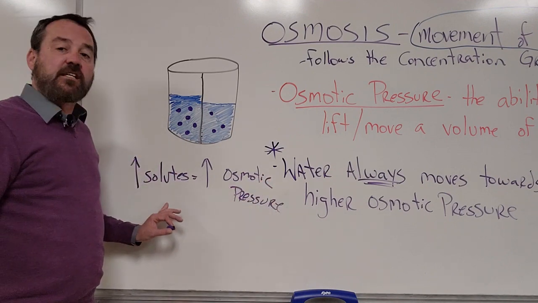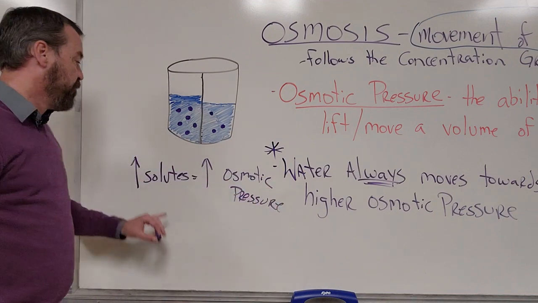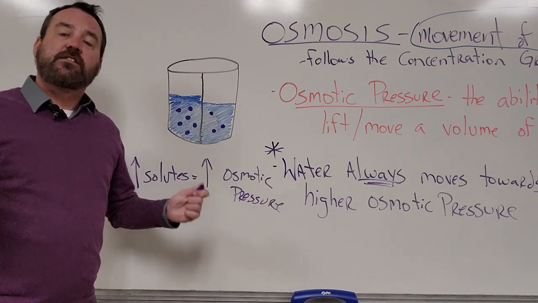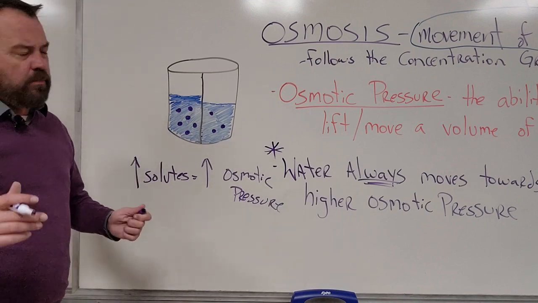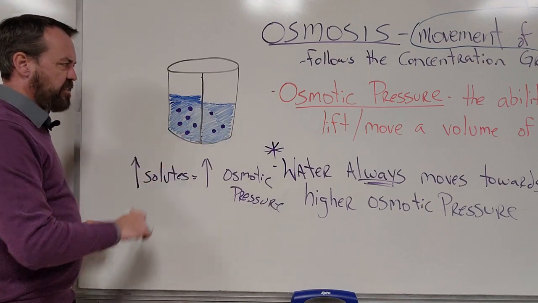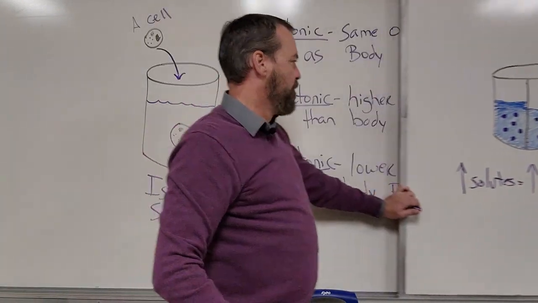But the higher the solutes, the higher the osmotic pressure. So water will also move towards the region of higher solutes if it hasn't already reached equilibrium. So, osmosis. Osmotic pressure, moving things along.